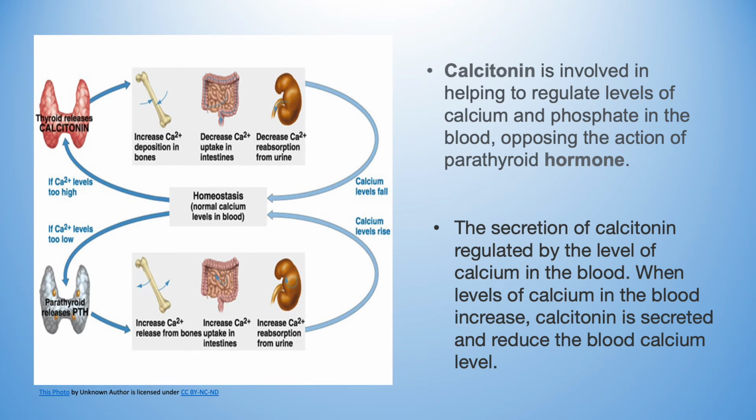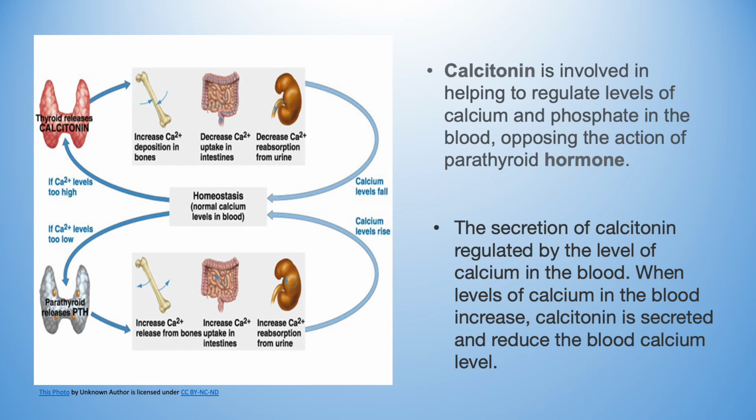How is it going to do that? It will inhibit the osteoclasts in the bone. And the osteoclasts, we remember from the skeletal system, resorb the bone. That means they break down the bone and release calcium and phosphate into the bloodstream. So when you inhibit this, your calcium level will not increase, but will be reduced.